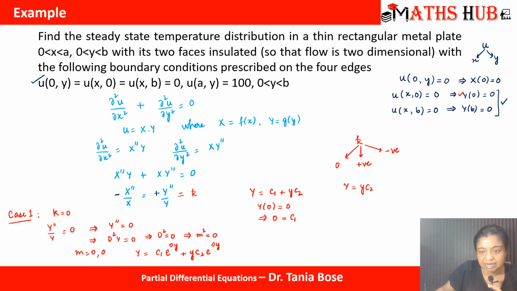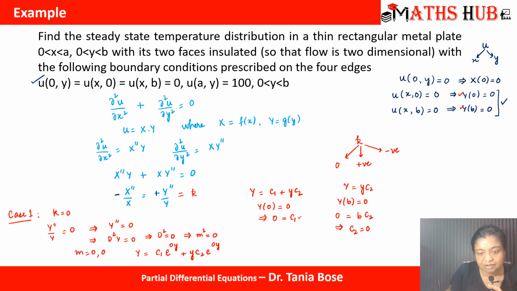Now let us take the second initial condition. That means y at b is equal to 0. So let's put capital Y is equal to 0 and small y is b times C2. So this implies b cannot become 0, right? So that means C2 is equal to 0.